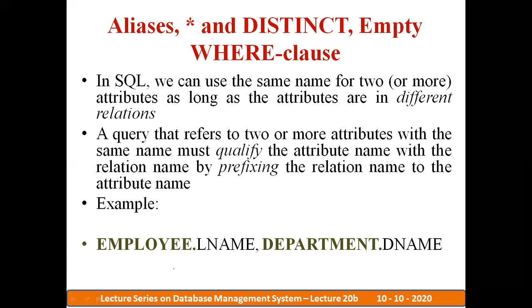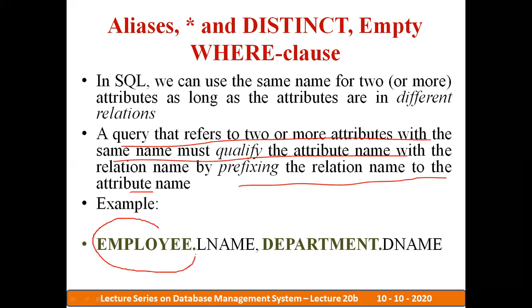Now, there are some situations. Consider a query that refers to two or more attributes with the same name. It must qualify the attribute name by prefixing the relation name to the attribute name. For example, as I said, if the name is there in an employee, I must prefix it with the qualifier.